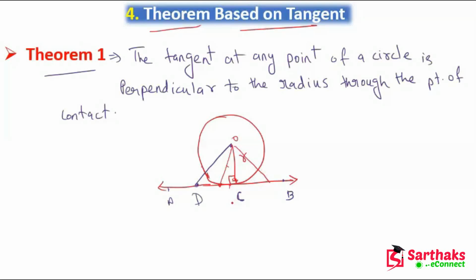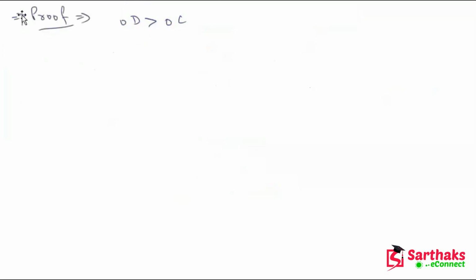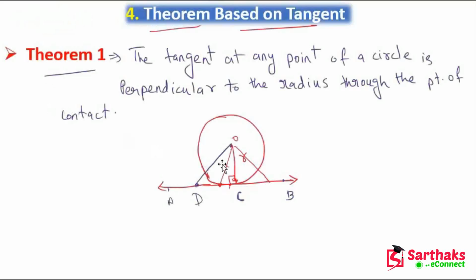So it can be concluded that OC is the shortest distance, because it is a perpendicular distance. OC is the shortest distance between the center of the circle O and line AB, since the shortest distance between a point and a line is always the perpendicular distance between them.